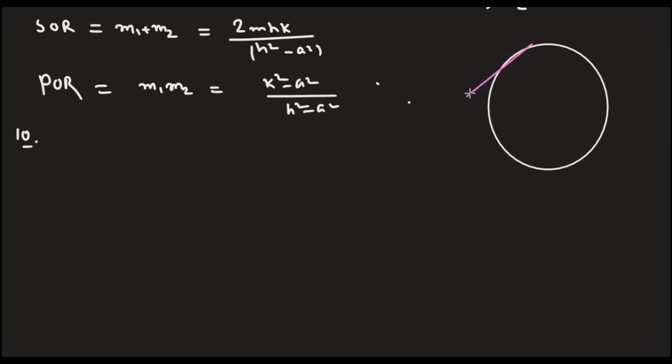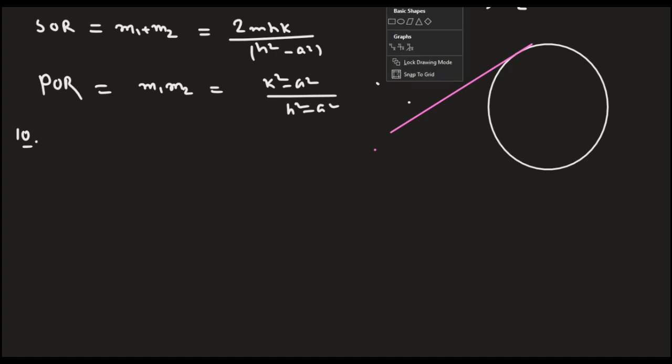One tangent looks like that. For a unique value of m, there are two tangents which are parallel to each other. If we take any one tangent and it passes through some point h comma k, then what will happen?